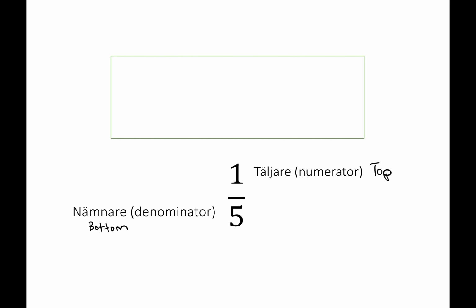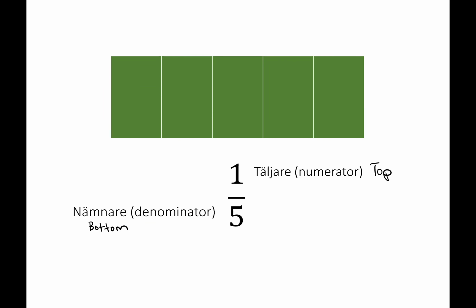Let's look at the picture above. Here we have 1 chocolate bar. In this fraction, we have 1/5. So this chocolate bar can be broken into 5 pieces. We still have the whole chocolate bar there.